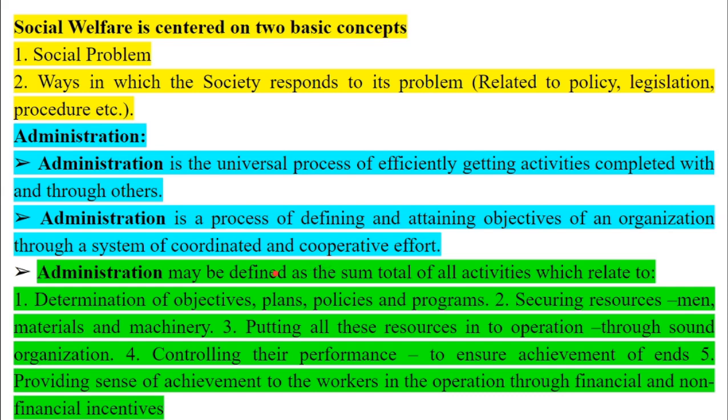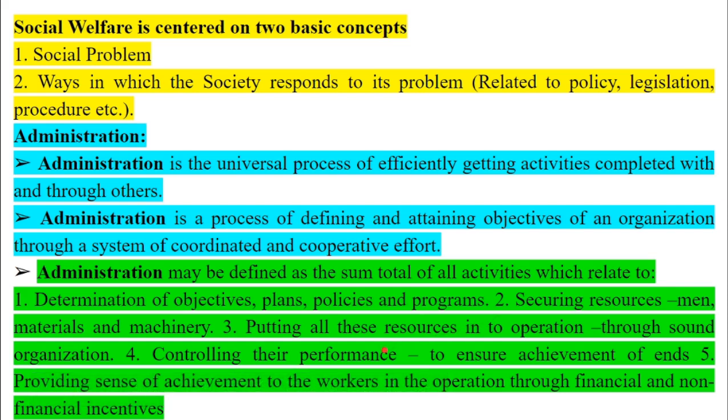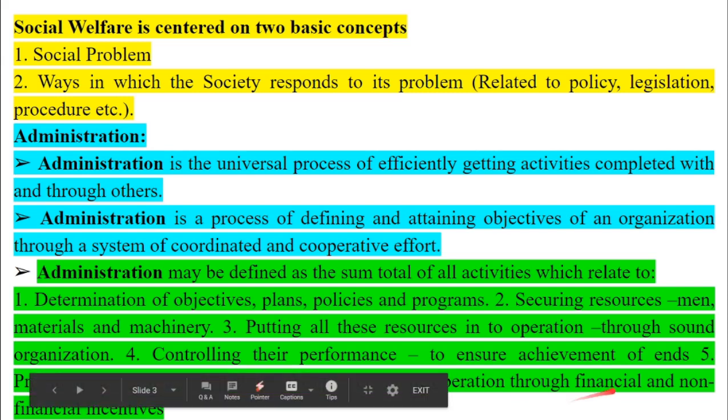Administration may be defined as the sum total of all activities related to: first, determination of objectives, plans, policies and programs; second, securing resources, that may be men, materials and machinery; third, putting all these resources into operation through sound organization; fourth, controlling their performance to ensure achievement of ends; and fifth, providing a sense of achievement to the workers in the operation through financial and non-financial incentives.